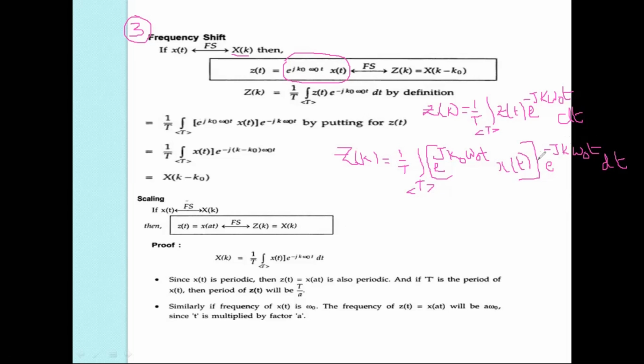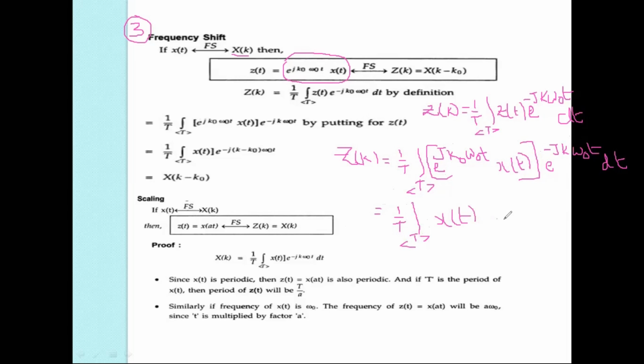Jk omega naught t dt. Now, see here the e power is there and here also the e power. So both the bases are same. Then we can add cos 1 by T, the integral T, taking the x of t here.